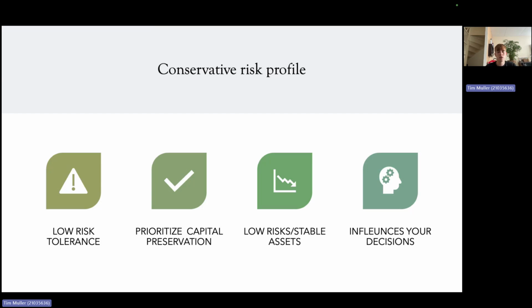This kind of risk profile influences your investment decision because you tend to take a higher position in bonds than, for example, equities, because these are more volatile, of course. This risk profile is usually for investors near retirement or with short-term goals.